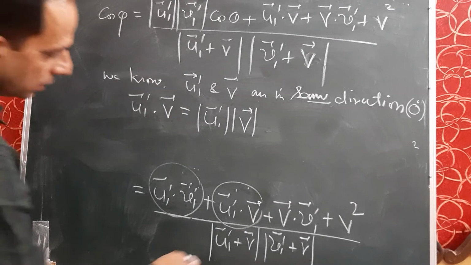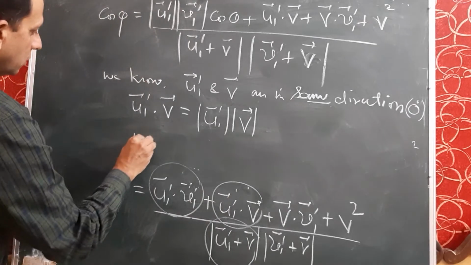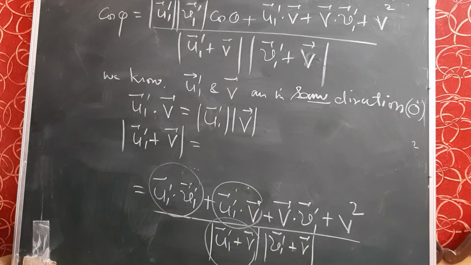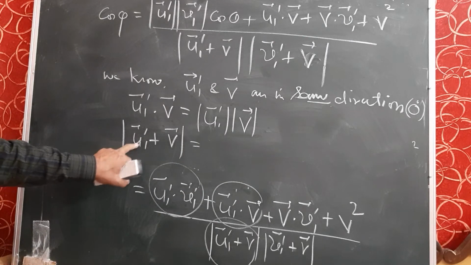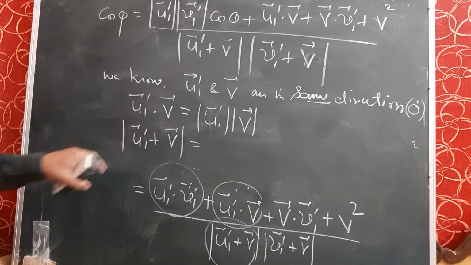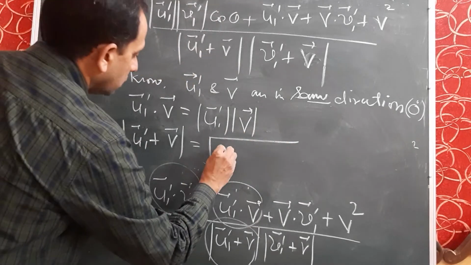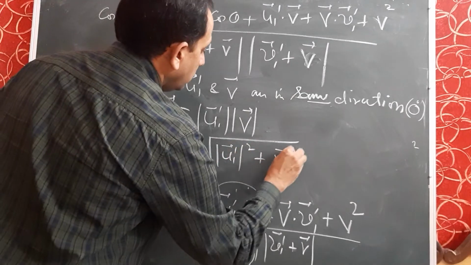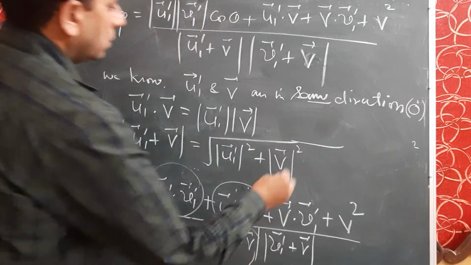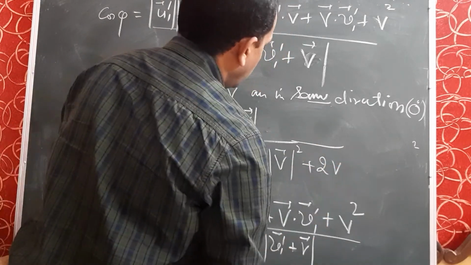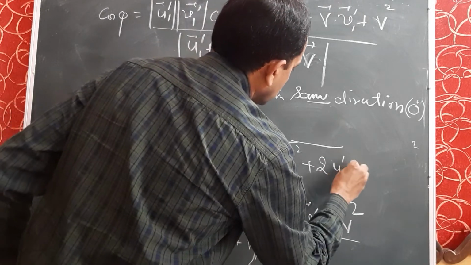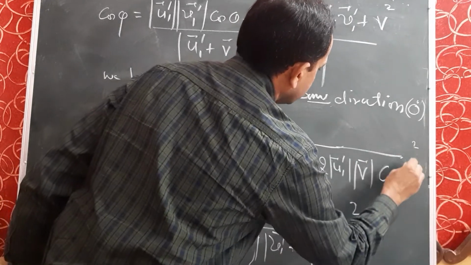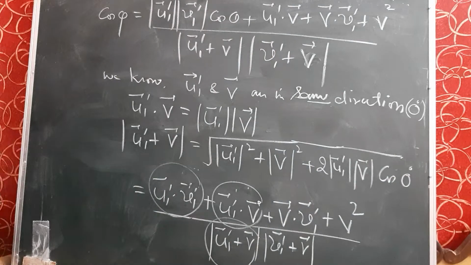And similarly, this u1' plus V magnitude. So what is the value of this magnitude? We know that vector a plus vector b magnitude is under root first square, that is u1' whole square, and second V vector magnitude square plus 2 u1' into V into cos of 0 degree, because the angle is 0.